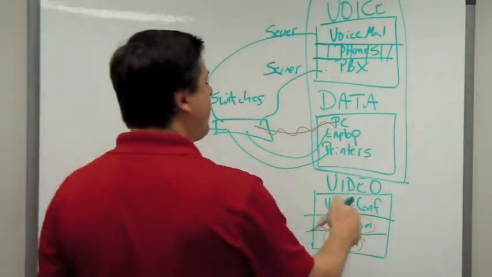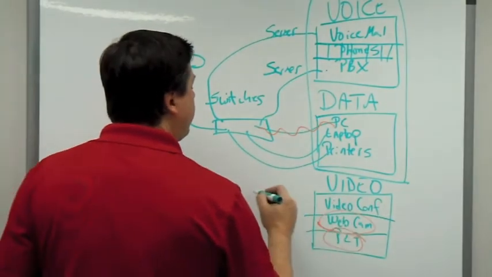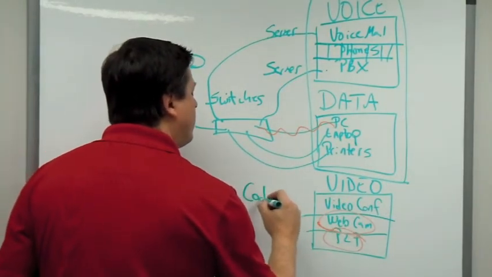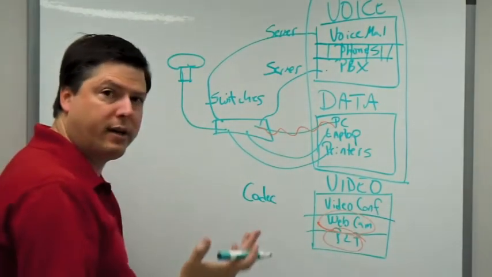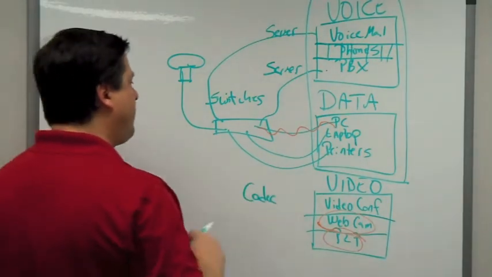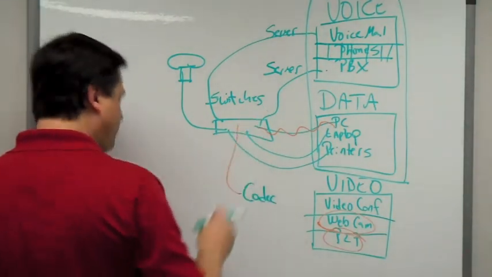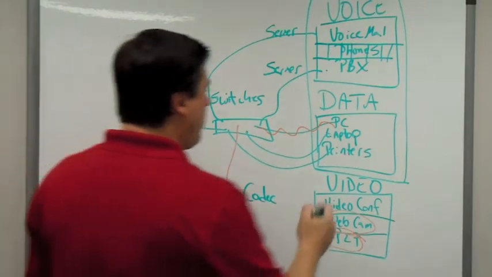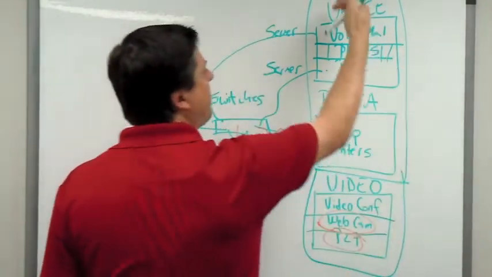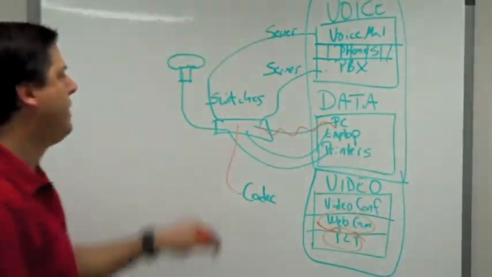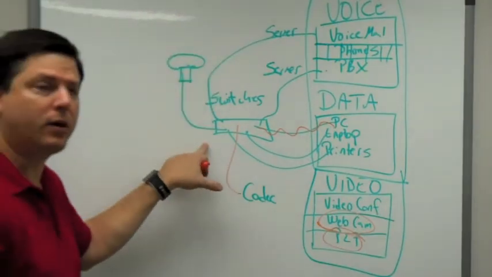And then from a video conferencing standpoint, the high definition video conferencing is on a codec, which is basically like a little server in and of itself, and once again, that video plugs directly into the network. So what we've essentially done is take three disparate networks and combine them into a single network.